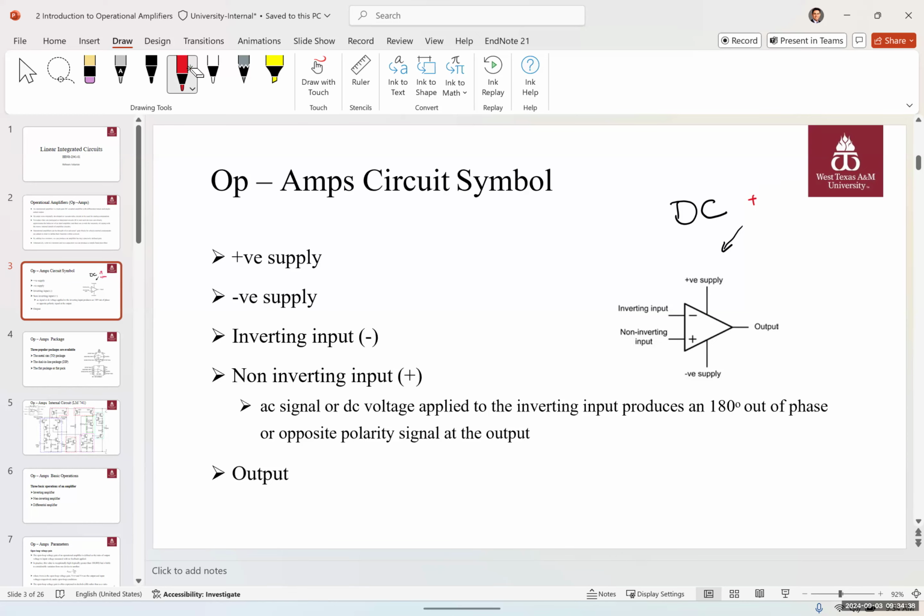But the most that I have seen in, for example, the LM741, which is the most popular, is positive 15 volts DC. And negative V- is a negative DC power supply, which is usually negative 15 volts DC. So between negative 15 and positive 15 volts DC, we have 30 volts DC.